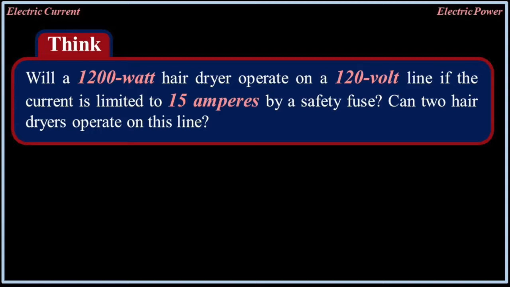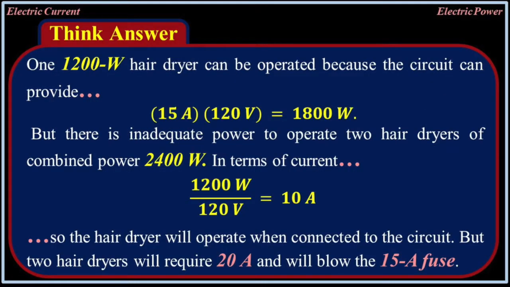Will a 1200 watt hairdryer operate on a 120 volt line if the current is limited to 15 amps by a safety fuse? Can 2 hair dryers operate on this line? One 1200 watt hairdryer can operate because the line can provide 15 amps times 120 volts, which equals 1800 watts.